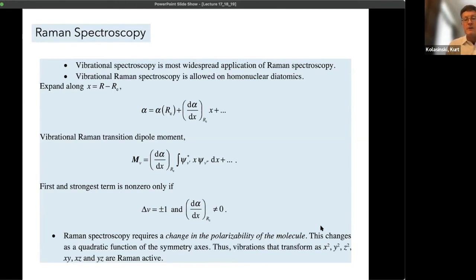Now, how does polarizability change? It turns out in point group symmetry, the vibration has to transform as one of these quadratic elements: x squared, y squared, z squared, or the cross terms. Those are the Raman active modes.